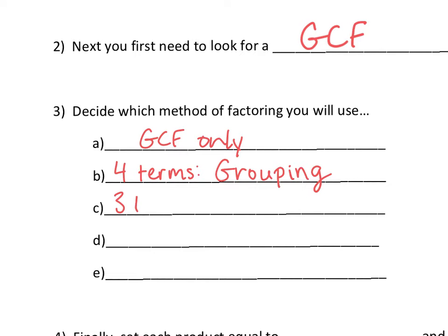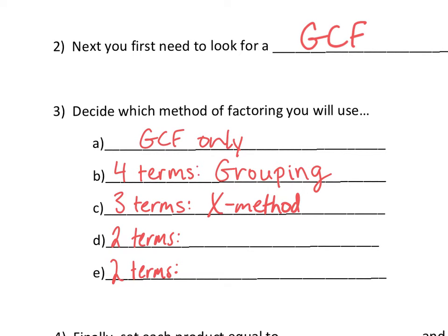What about 3 terms? You got it. X method. That's all we know how to do so far is the X method. What do we call a 3-termed polynomial? Trinomial. Cool. Okay, and then whenever I had 2 terms, there were a couple different things that could happen.